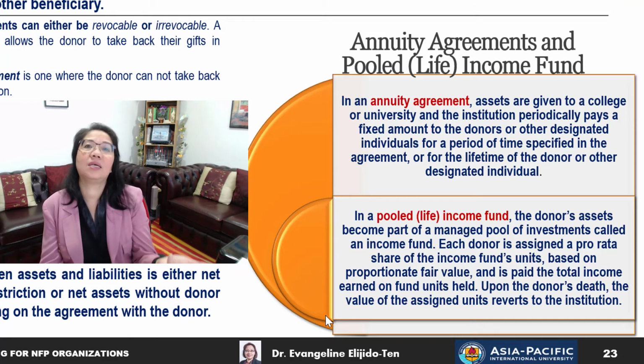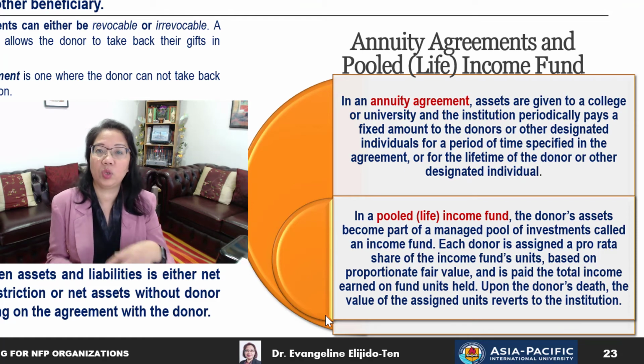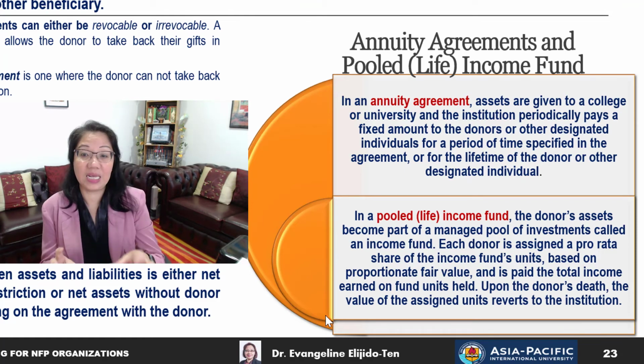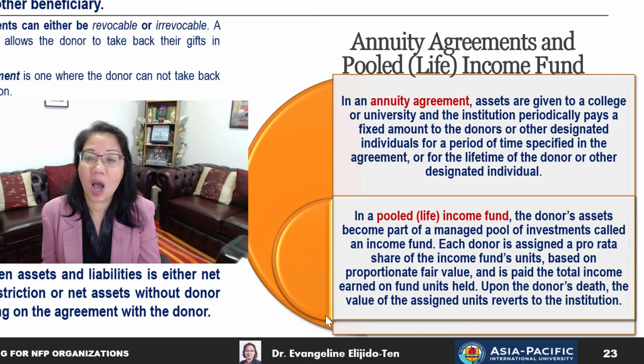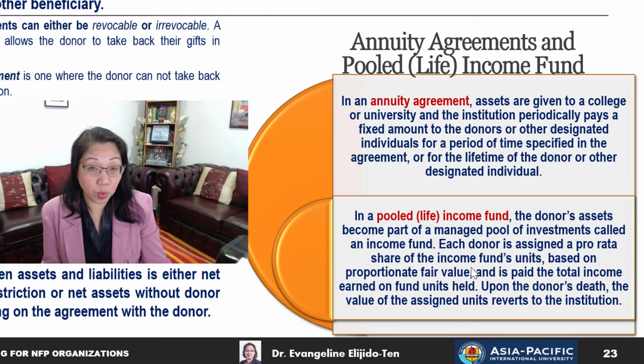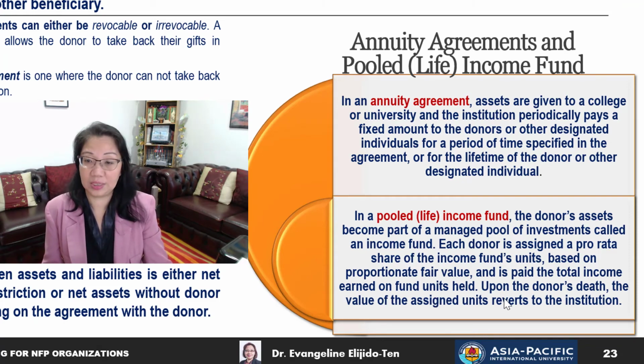We have discussed this in previous topics when we were talking about managed investment funds, right? The income will be shared pro rata, dependent on how much donated investment or securities was provided. So, based on the proportionate fair value, it's paid the total income earned on fund units held.